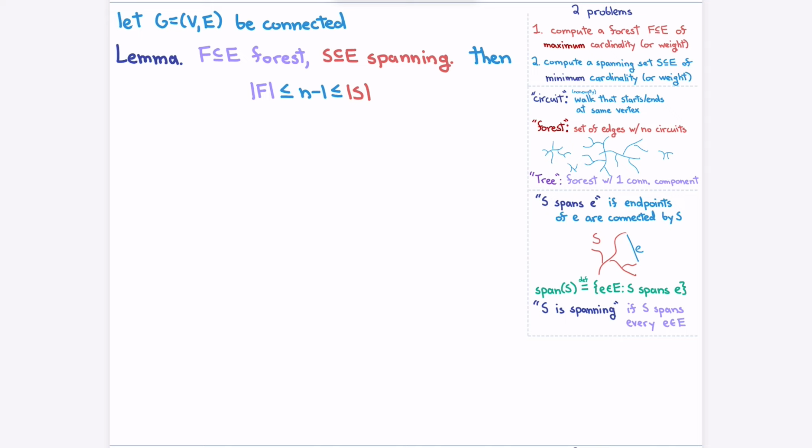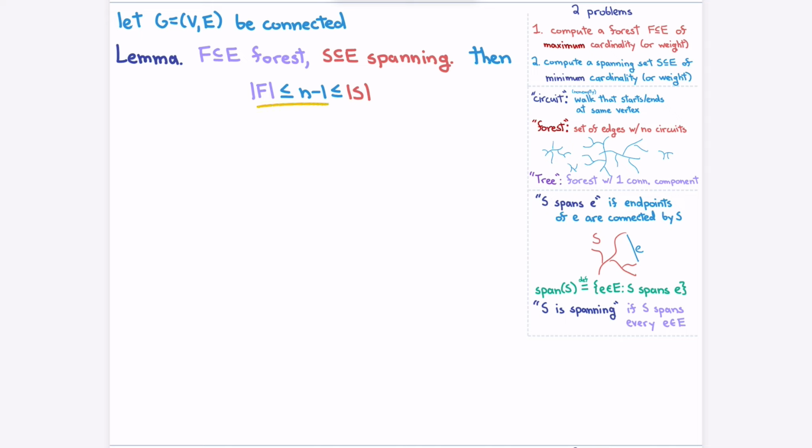The claim is that F has at most n minus 1 edges, and that S has at least n minus 1 edges. So you can see that they're on opposite sides of some magical wall here. We'll do each of these separately, one at a time.